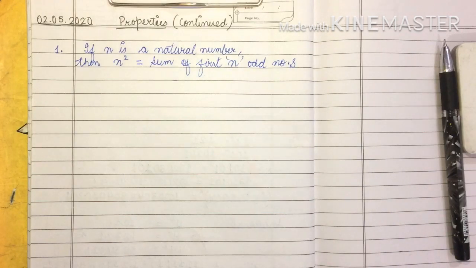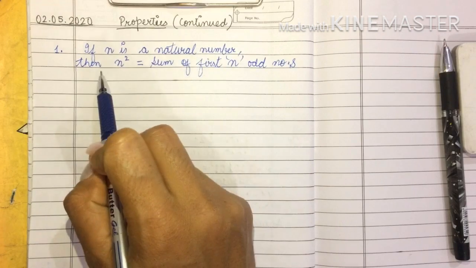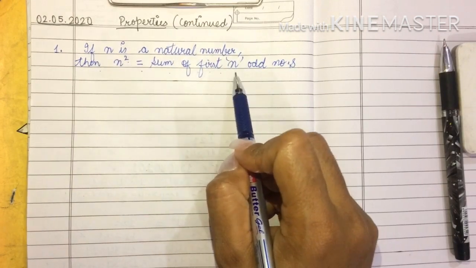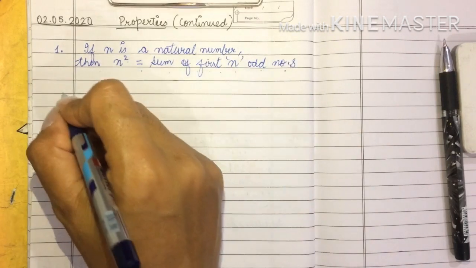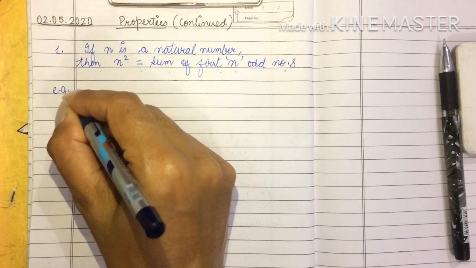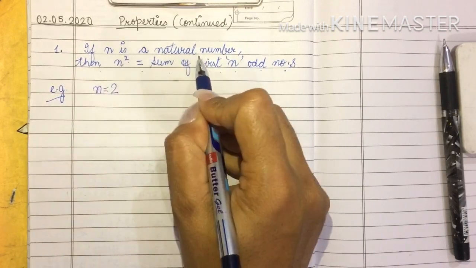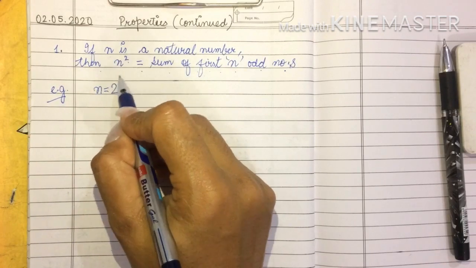The next property that we have is, if n is a natural number, then n square equals the sum of the first n odd numbers. To understand this, let's take an example. If I take n as 2, so 2 is a natural number, a counting number. I want to discuss its square.